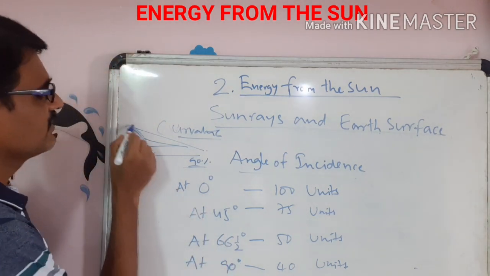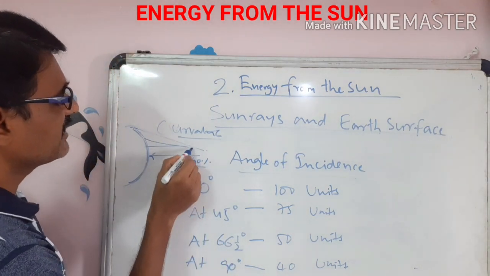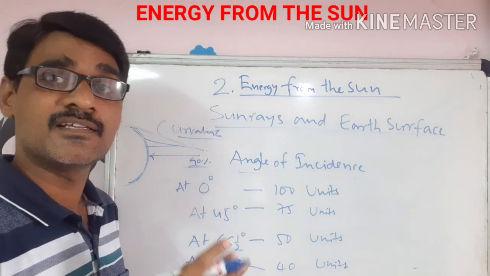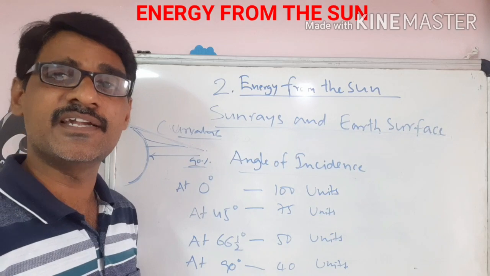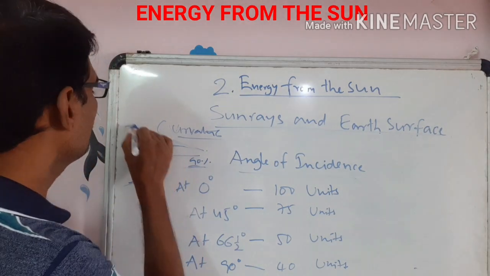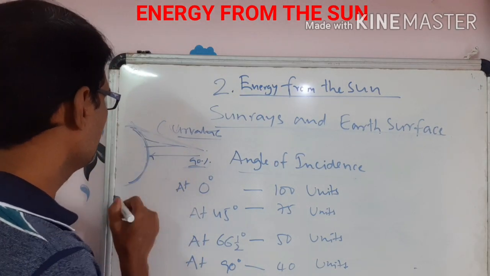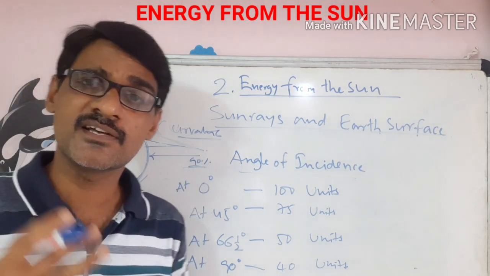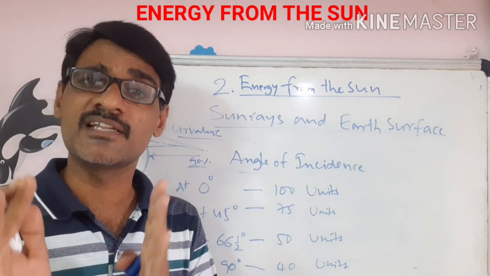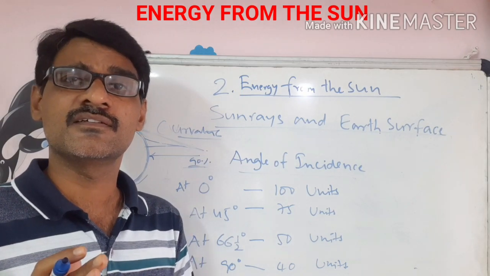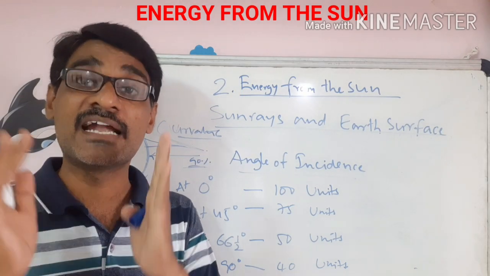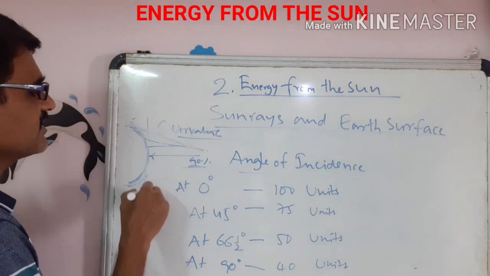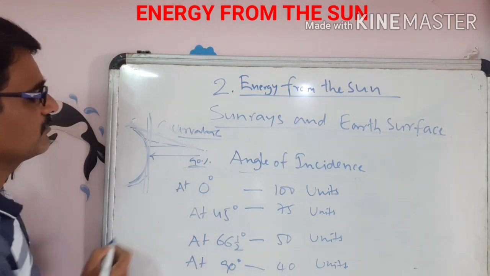And the rays which are falling slantingly, bending towards the poles, when we go towards the North Pole or South Pole, the sun rays are falling slantingly, and also the distance is more.